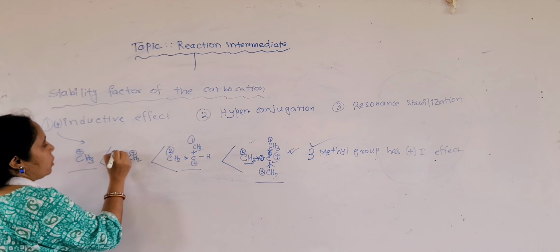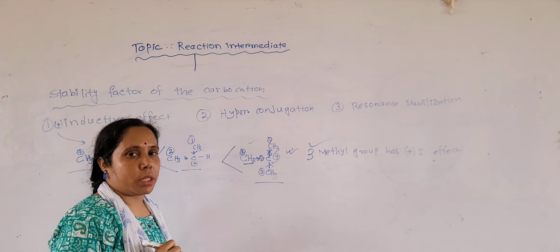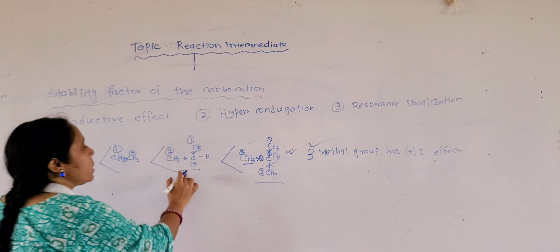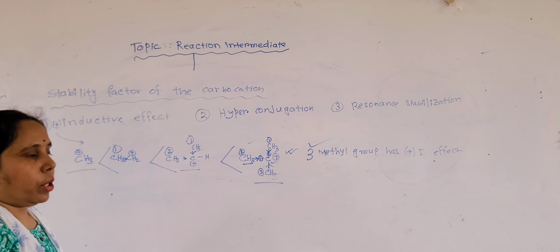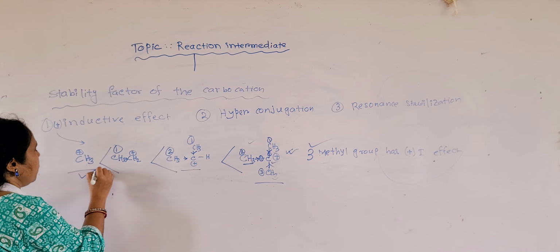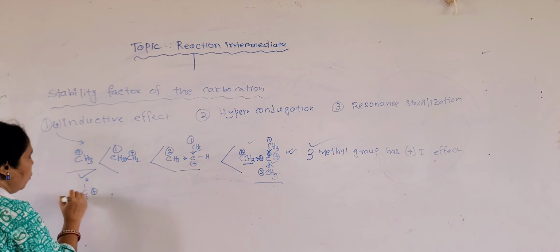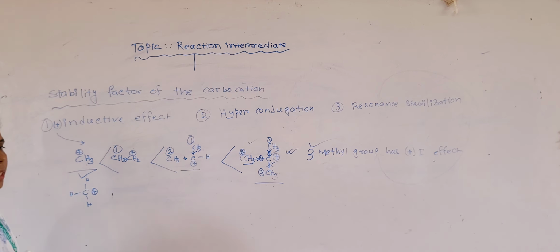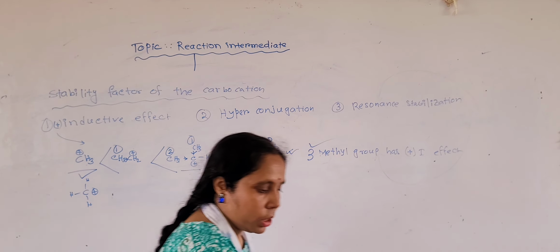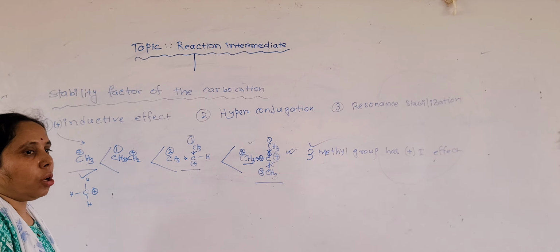Here only one methyl group pushes its sigma bonding electron towards the carbocation, so it is also stable but less stable than the 2 degree isopropyl cation. The least stable is the methyl cation, because if you draw it, you find there is no other carbon attached to the positively charged carbon atom. So this is the factor that helps you find the stability of the carbocation.